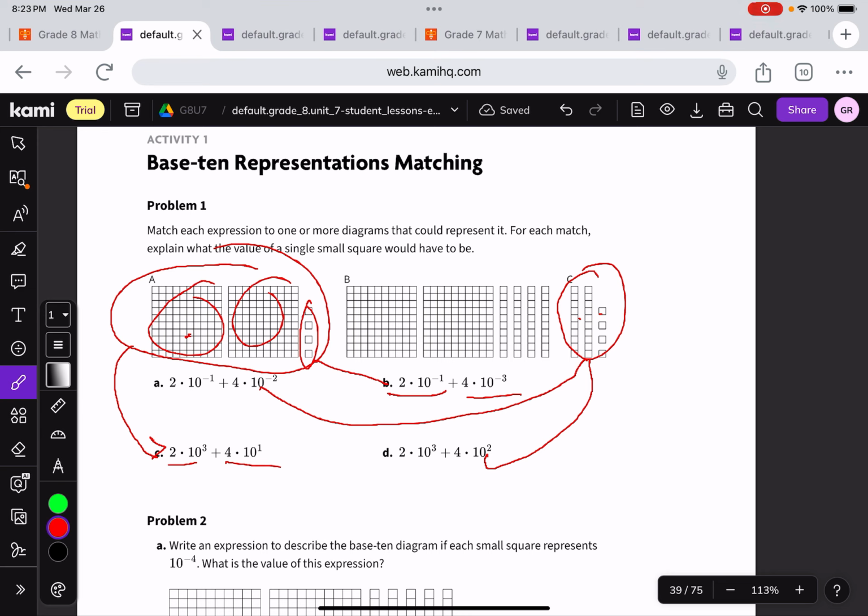So it does say, for each match, explain what the value of a single small square would have to be. In this case, if this is 2 times 10 to the third, and that's 4 times 10 squared, then each square is just 10 squared, or each square is 100.